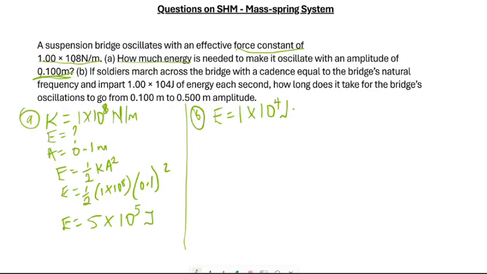Let me just say in 1 second. Okay, how long does it take for the bridge's oscillation to go from 0.1 to 0.5? So we are looking for the time.